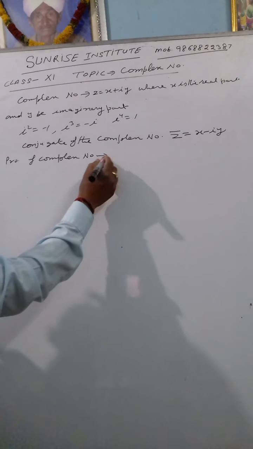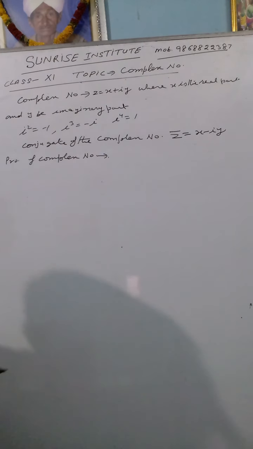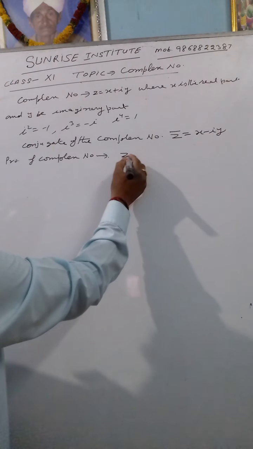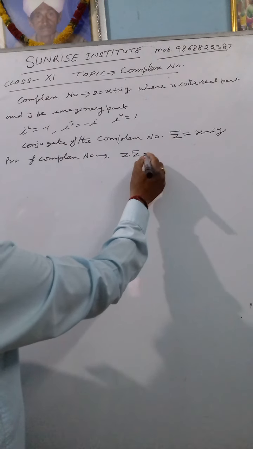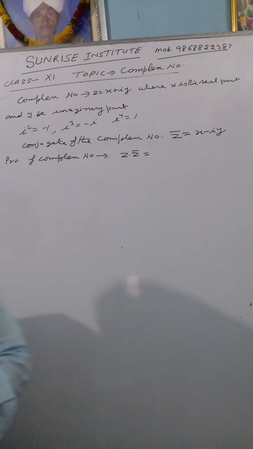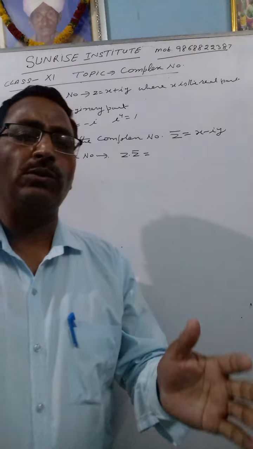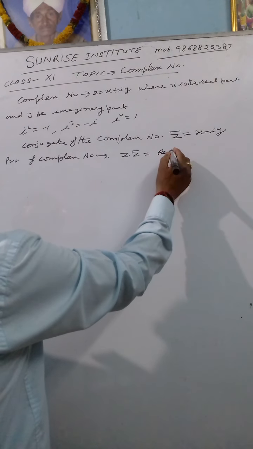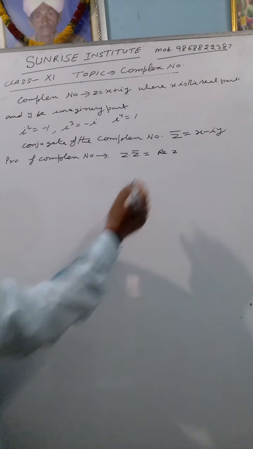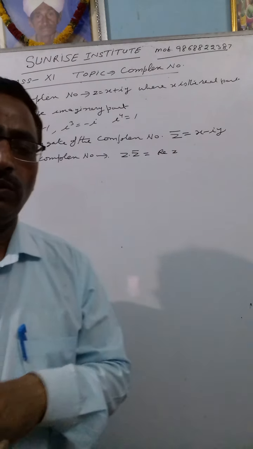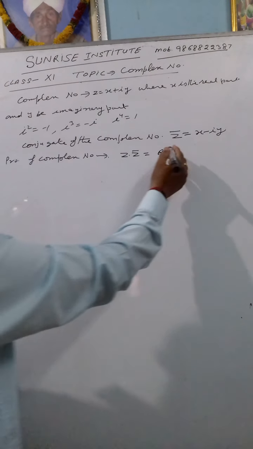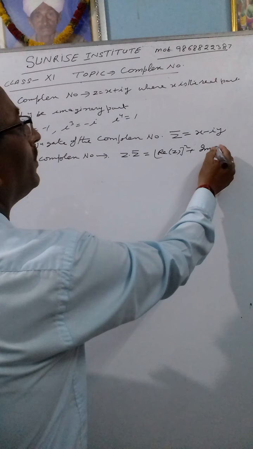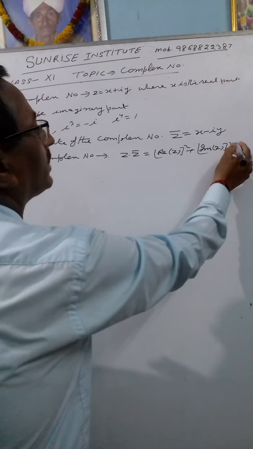The properties of the complex number. First, z into z conjugate equals real part of z whole square plus imaginary part of z whole square.